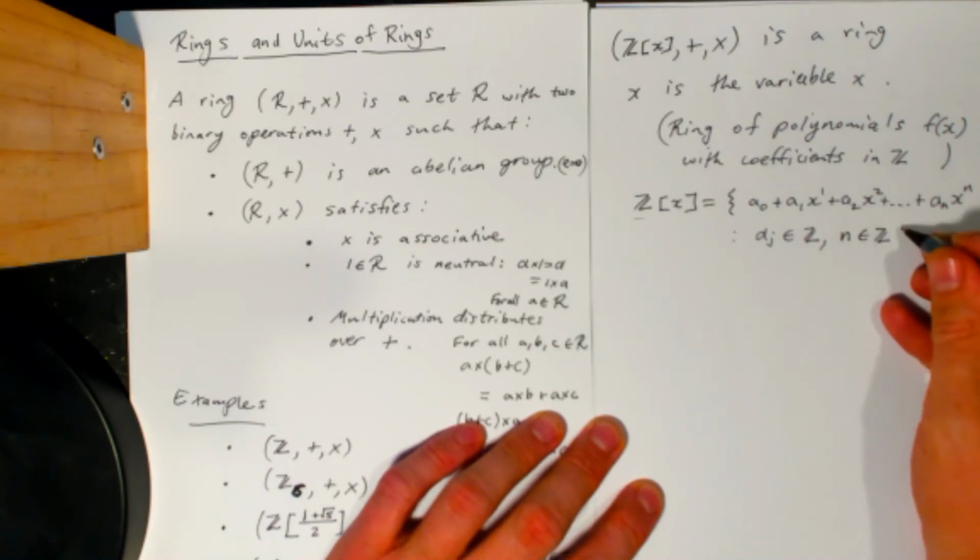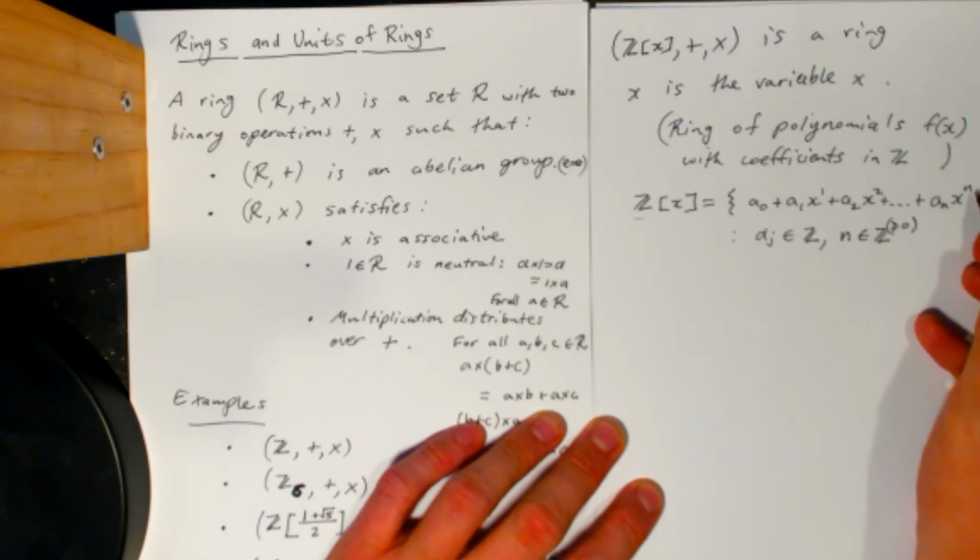Or actually, it could be just non-negative, all right? So put greater or equal to 0 there in brackets, because n could be 0. It needs to be finite for it to be a polynomial.